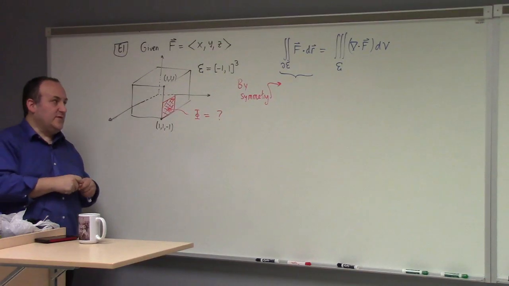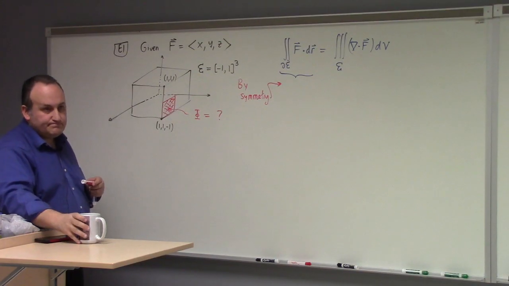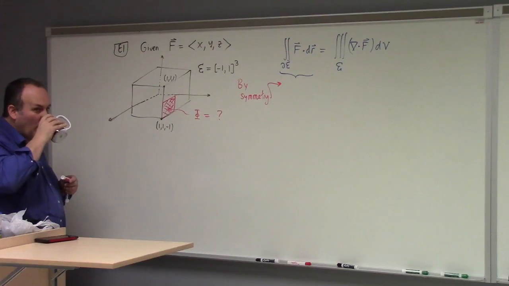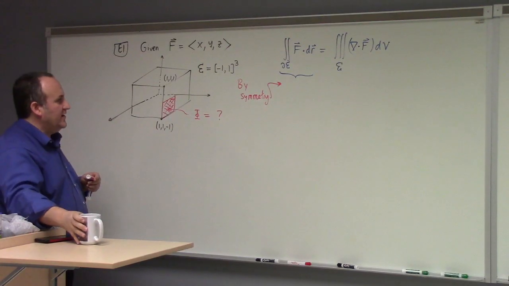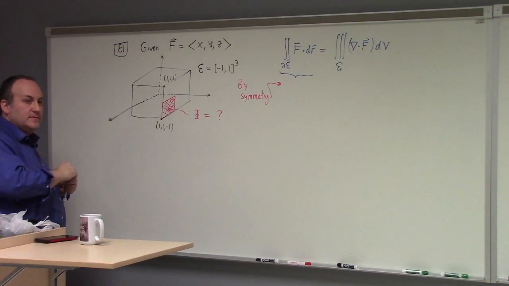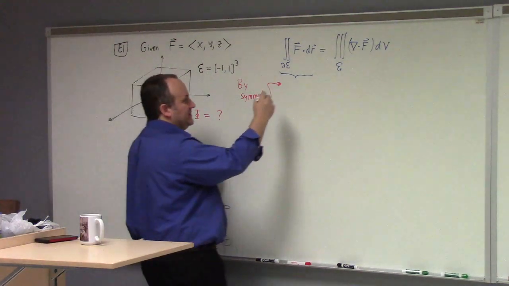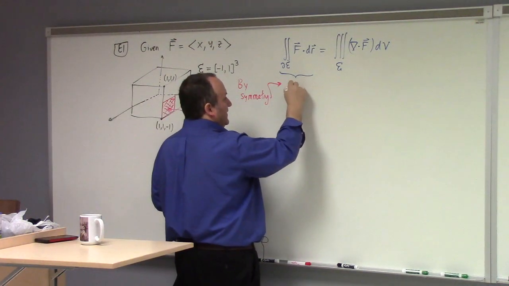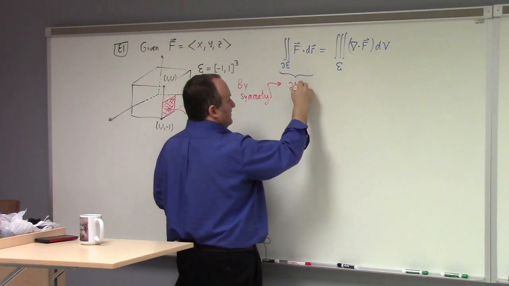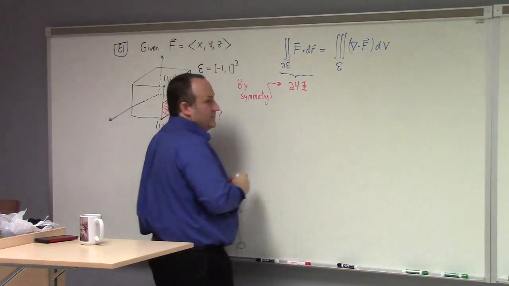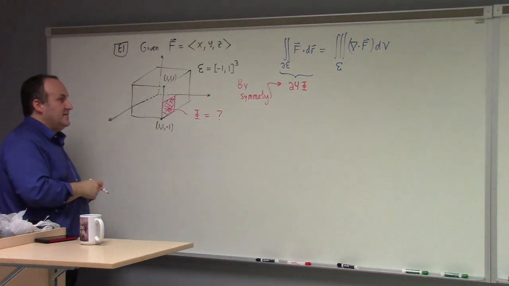And what's the symmetry I'm exploiting? I heard a 24. Do you guys agree with that? I agree with that. 24, because there are 24 quarter faces in the whole cube. There are 24 quarter faces in the totality of the cube, right?